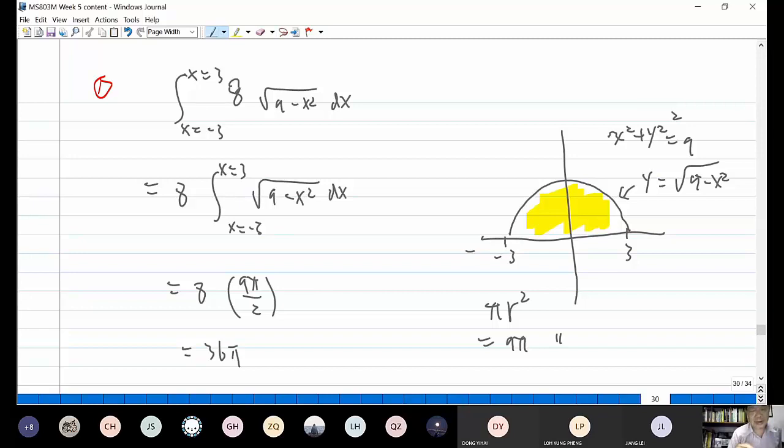Using geometry and calculus, you get the answer without actually doing integration. So finally, the answer is 36 pi.